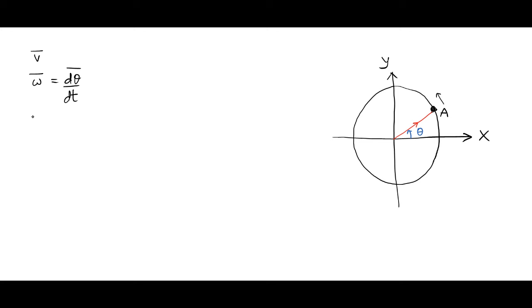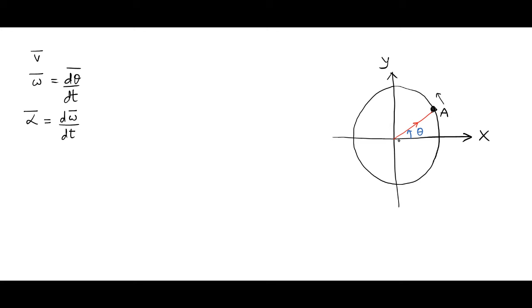Theta is the angular position, and alpha bar, which we have said earlier is the angular acceleration of the particle. We have also defined it earlier to be d omega bar by dt, and we said that alpha bar and omega bar both are vectors and both have directions, of course.